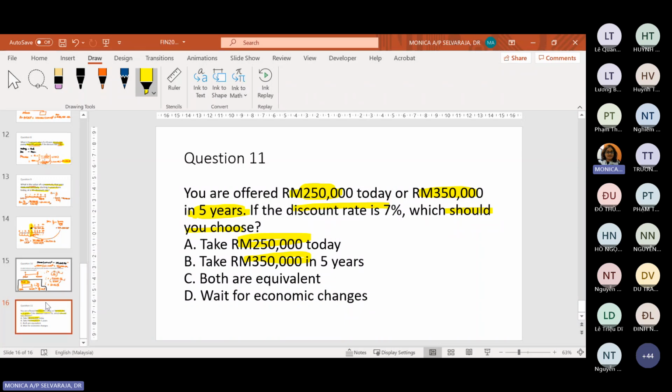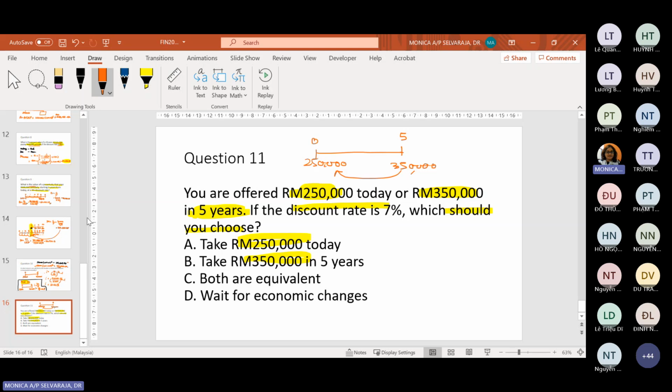So in order to answer this, you have to first calculate the worth. You have two options. One is to take 250,000 today or to take 350,000 in 5 years. So you have to calculate what is the worth of 350,000 today, because you want to compare and see which is higher.